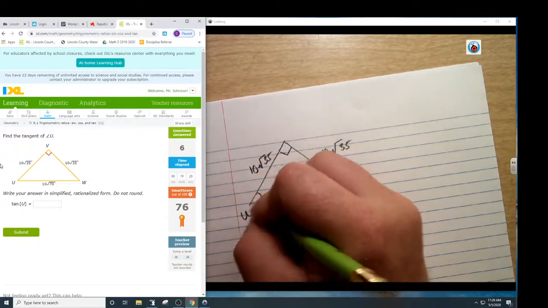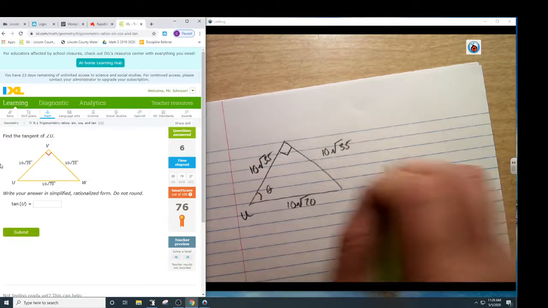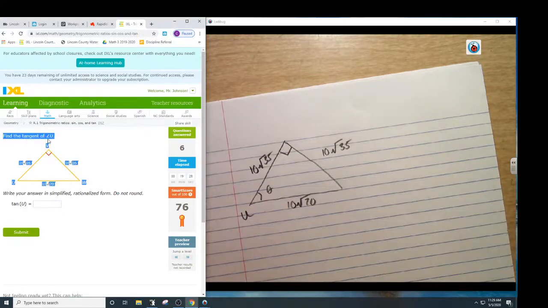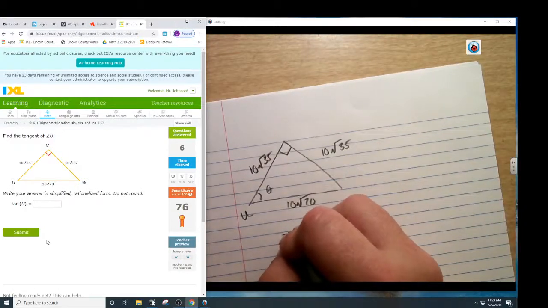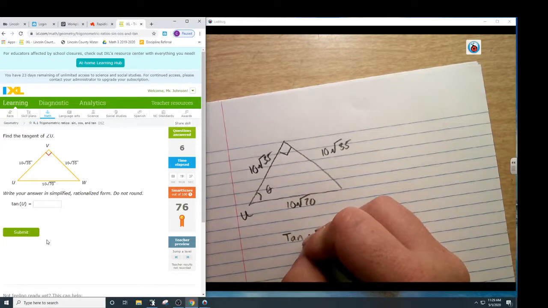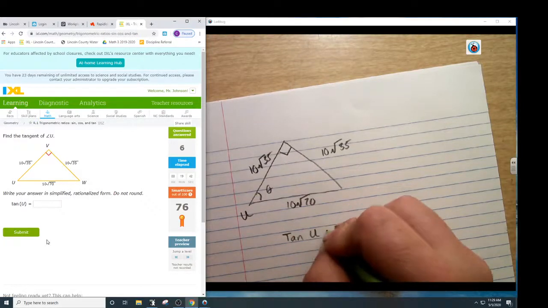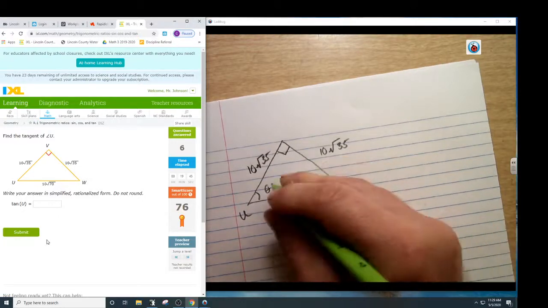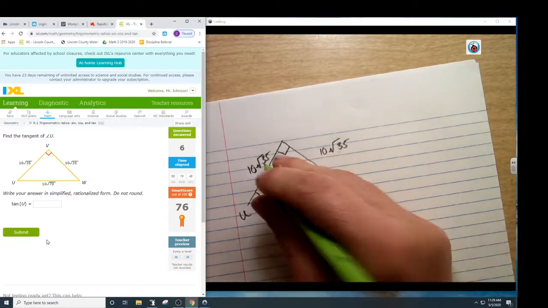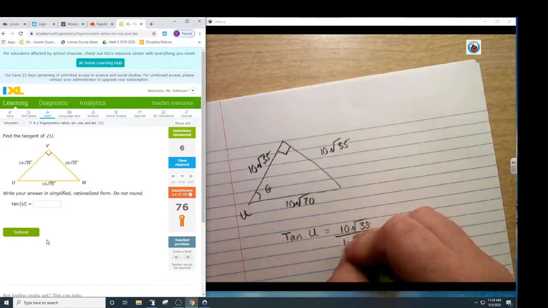That's theta, because it says the tan of u here. That's where I got that from. Now, tan of u equals opposite over adjacent, which is 10 square root of 35 over 10 square root of 35.